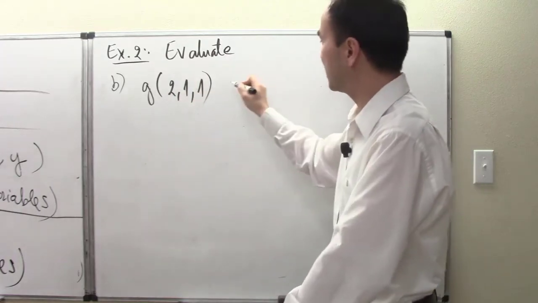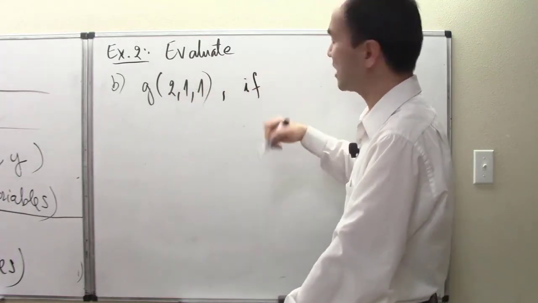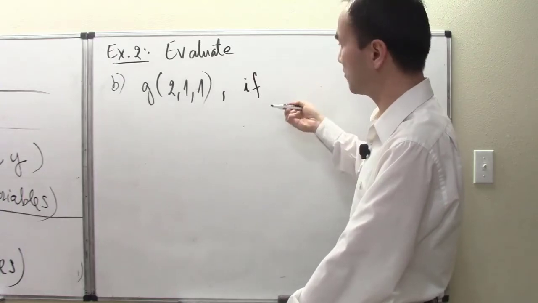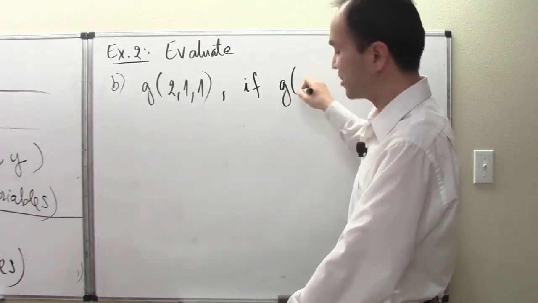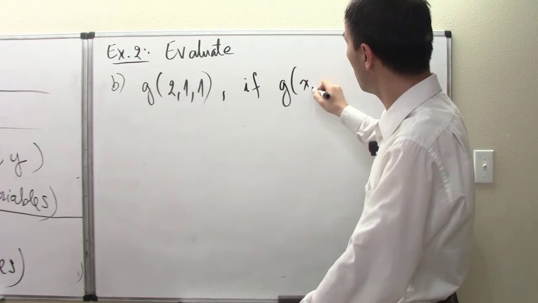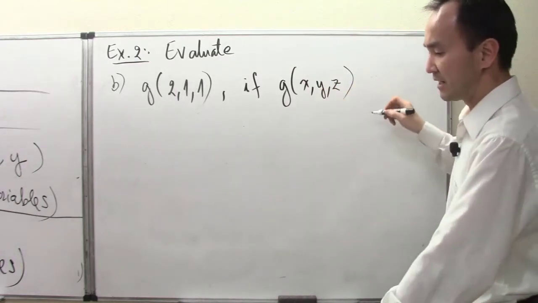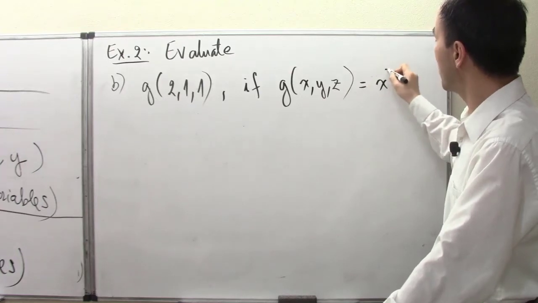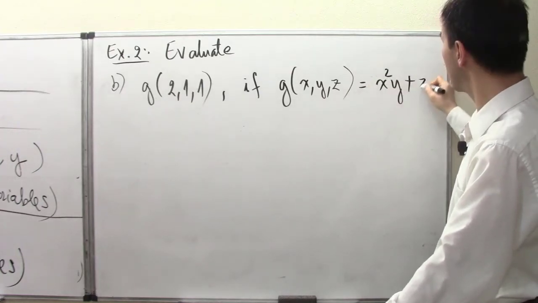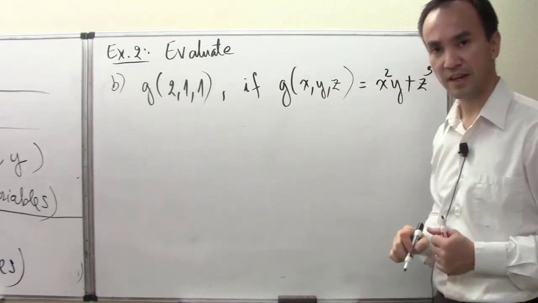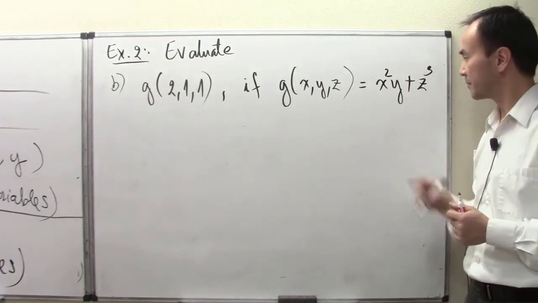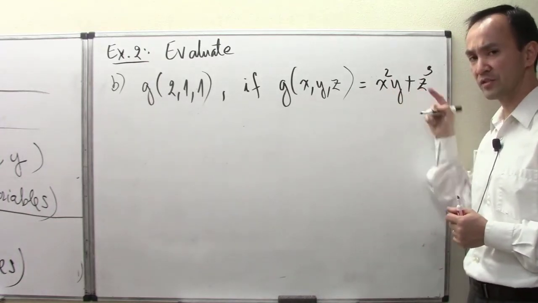Let's see what g is defined as. g of x, y, and z, a triplet, is x squared times y plus z cubed.